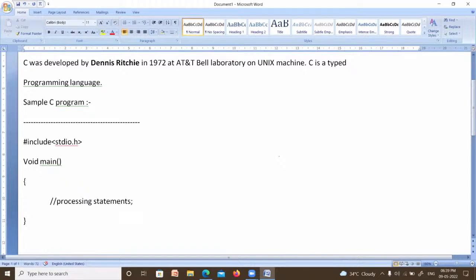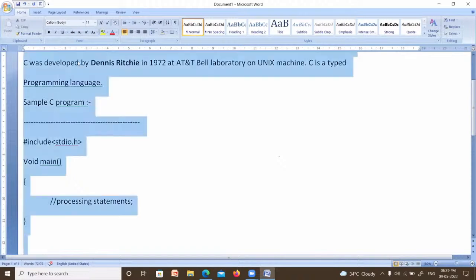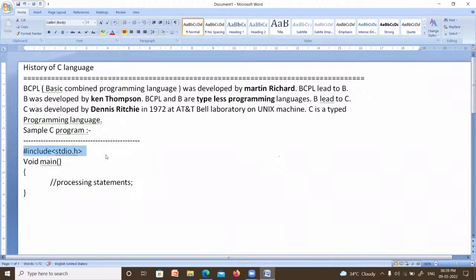Now this is the sample C program. This line is called the include statement.